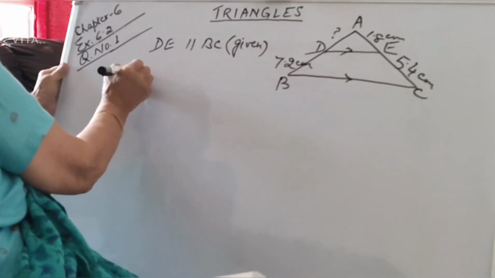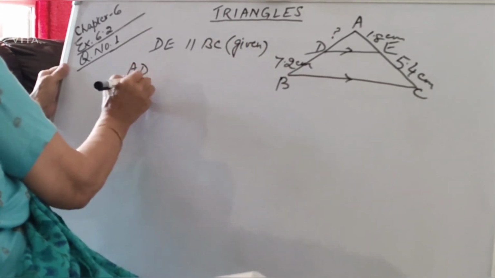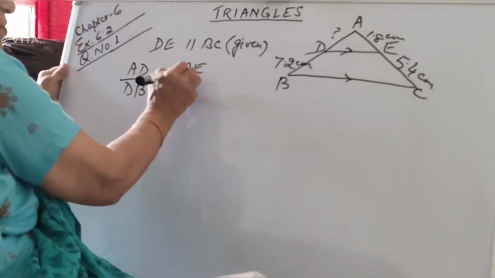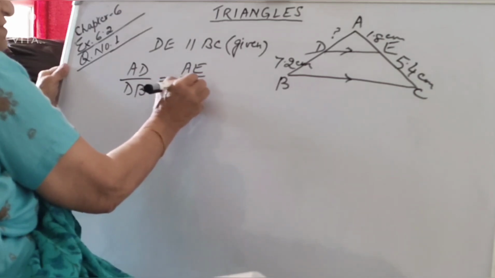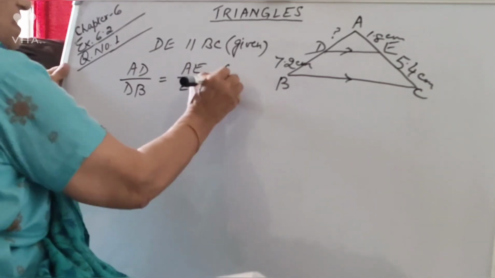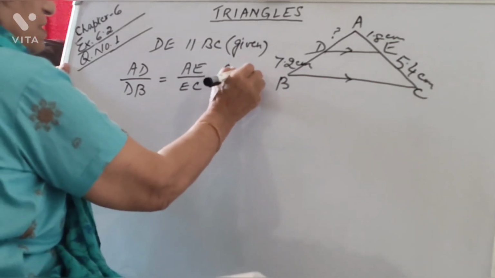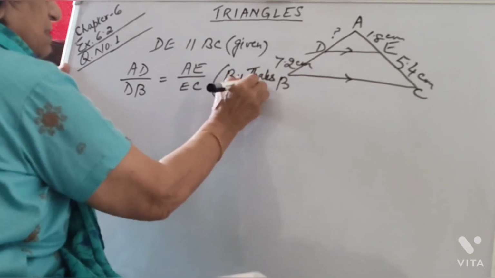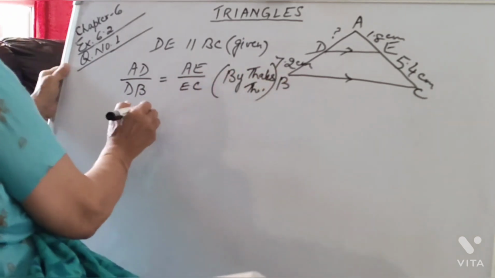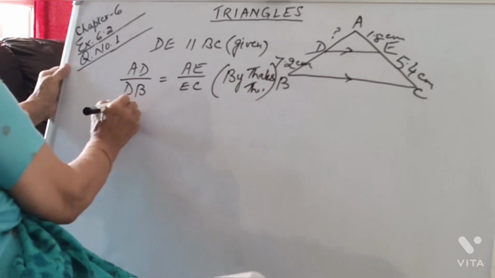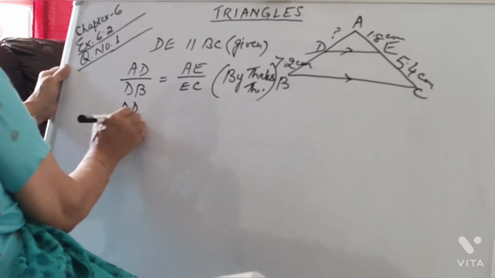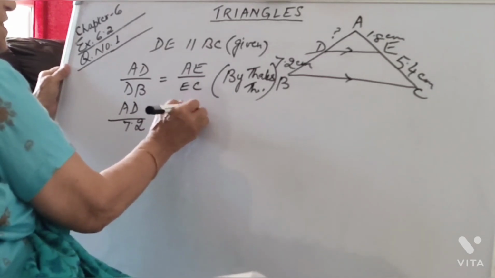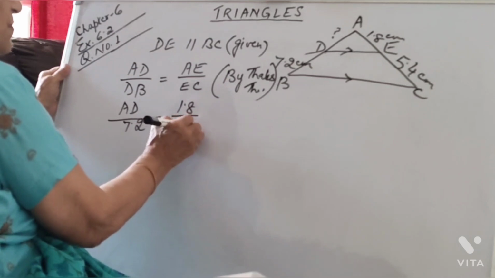Therefore, by Thales' theorem, AD over DB is equal to AE over EC, by Thales' theorem. Now substitute the values. AD over BD, it is 7.2, is equal to AE, it is 1.8, over 5.4.